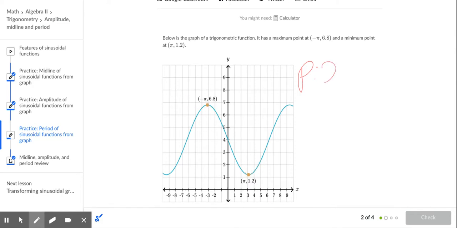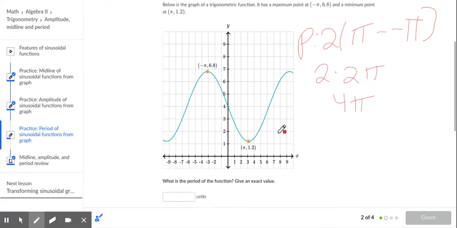So it's going to be 2 times pi minus negative pi, because pi minus negative pi is the distance from here to here, which is half the distance that I need. So I need 2 times that distance. Pi minus negative pi is pi plus pi, which is 2 pi. So I have 2 times 2 pi, which is 4 pi, and that's going to be my period.